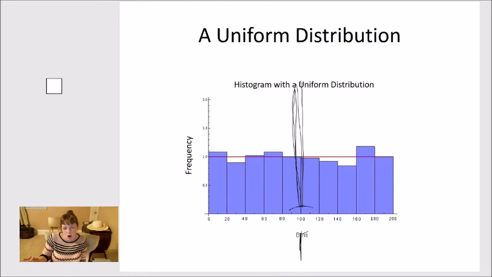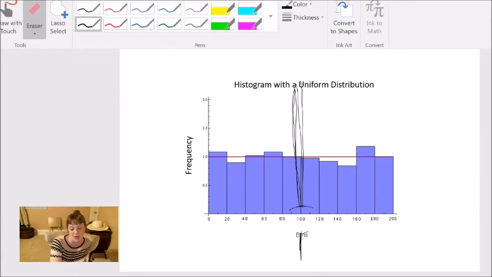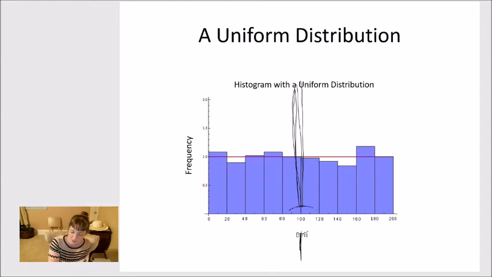Right? Now, the mode here, you can actually identify it. This does have a different mode because life is messy, right? That's the modal response. But if this was a perfectly uniform distribution where all the bars were exactly the same height, you would actually say this is non-modal. There is no modal response here.